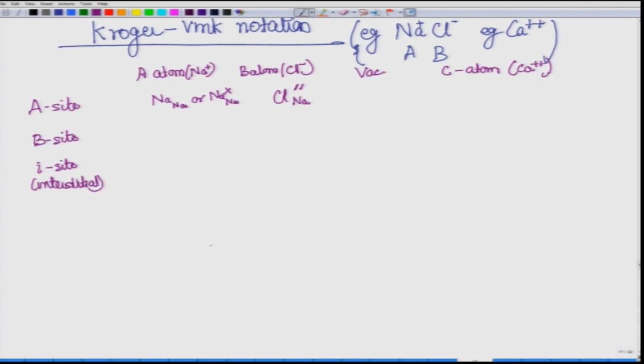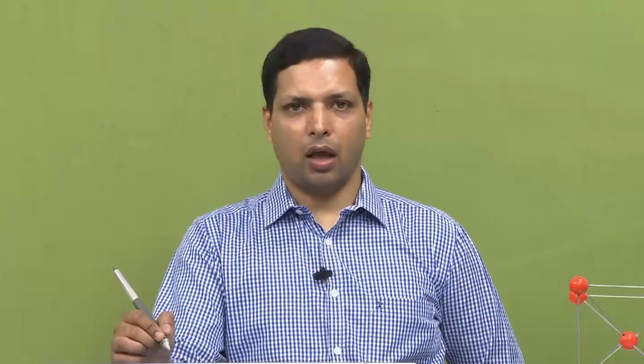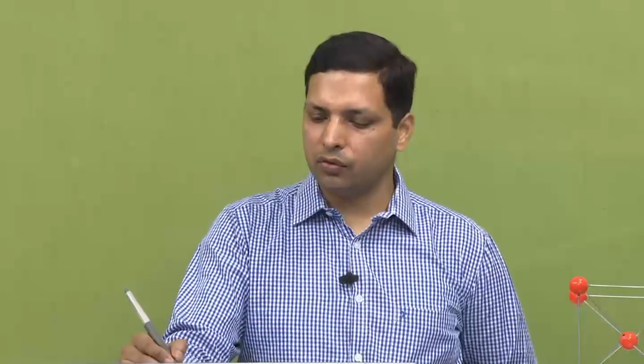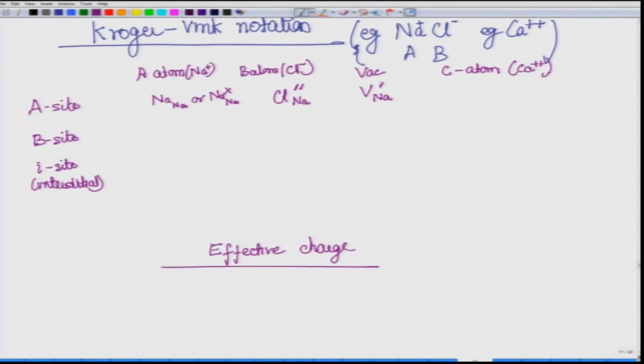Keep in mind, in this particular system we use effective charge. Let us go to the vacancy. Let us say a vacancy is sitting at a sodium site. A vacancy in general will not have any charge, so it is 0 charge, but it is sitting at the sodium site where there should have been a +1 charge. So it is 1 less than what it should be, and therefore it is 1 negative charge.